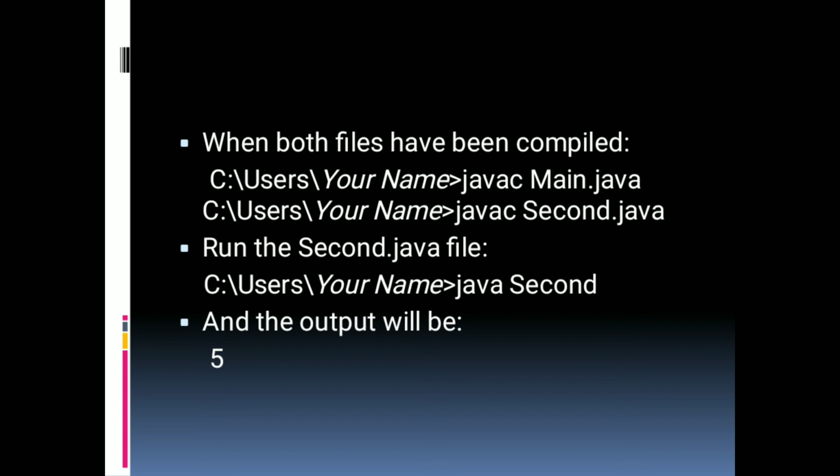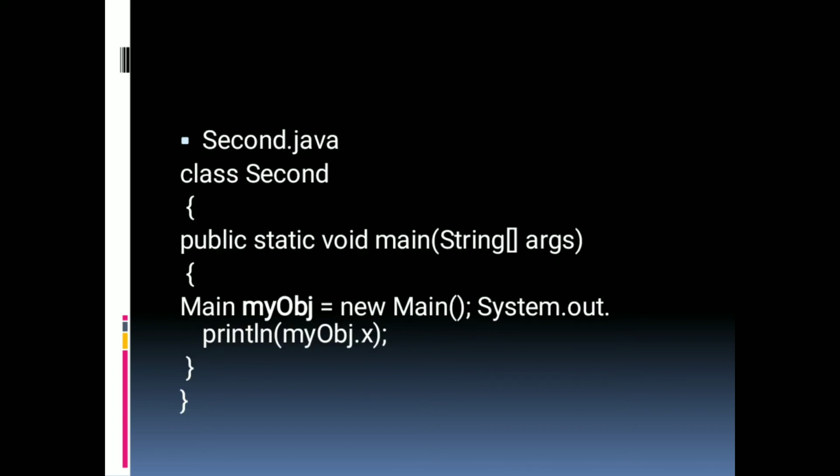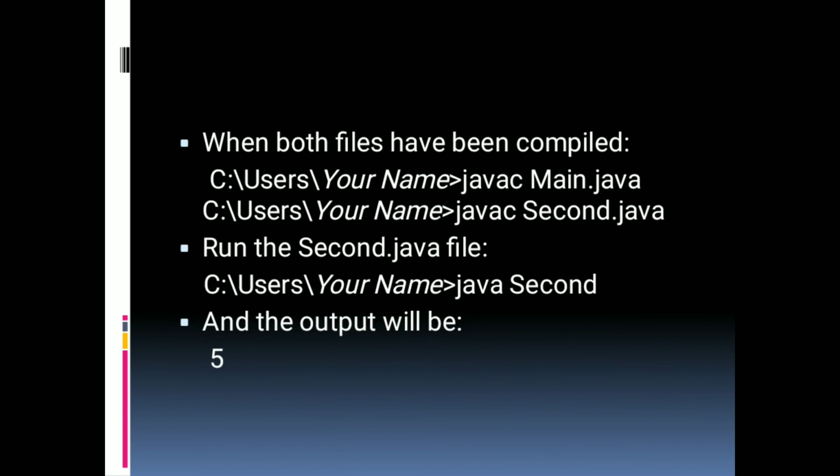When both files have been compiled, there will be no error. We can easily compile the two programs, main.java and second.java. Run the second Java file, because it contains the main method. In Java, execution of a program starts at the beginning of the main method.